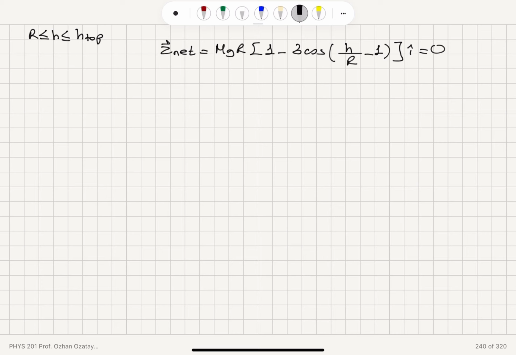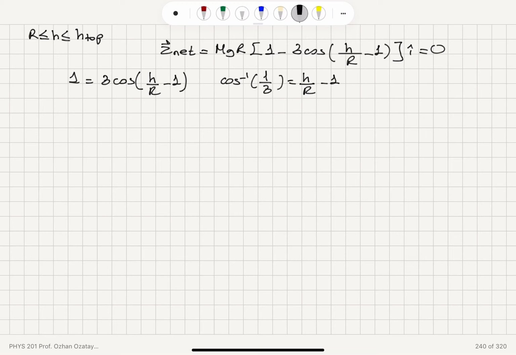And that implies 1 must be equal to sigma cosine of (h over R minus 1), and cosine inverse of 1 over sigma is equal to h over R minus 1.